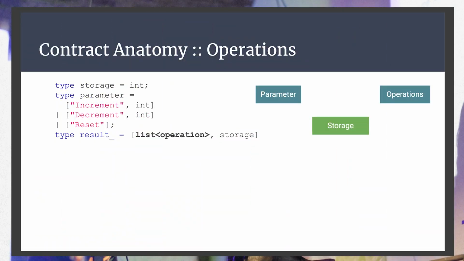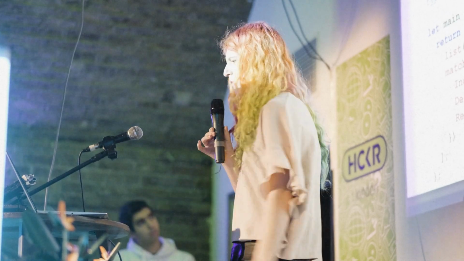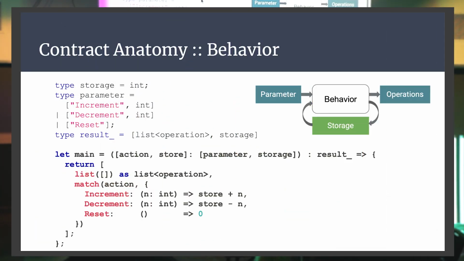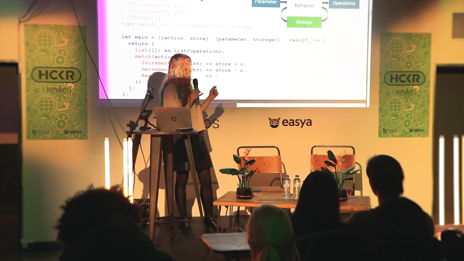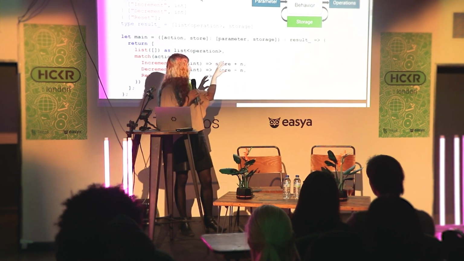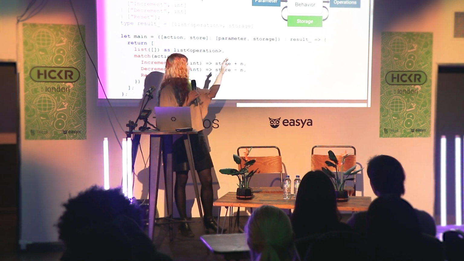The contract will return a list of operations and an updated storage, which means that it looks like this. So we have a parameter which comes in, which is sent when the user makes a transfer with an annotation like this. And the behavior of the smart contract will read the storage, produce a new storage, and possibly produce some operations.